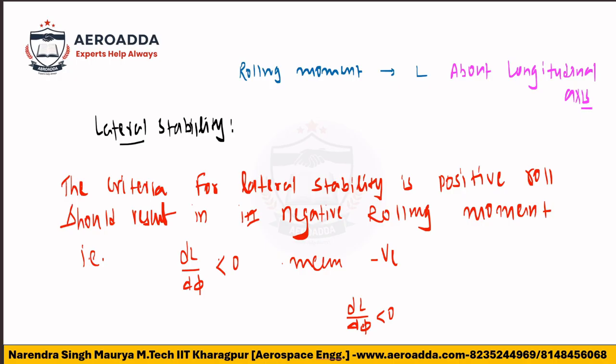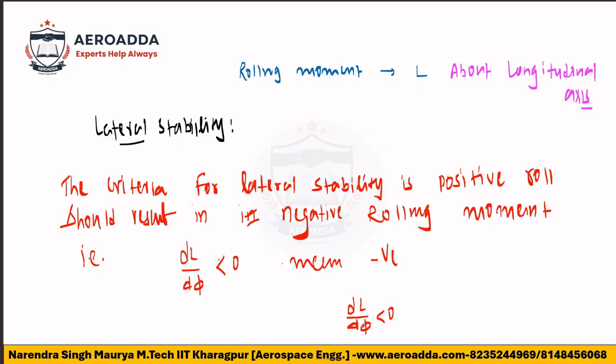I had explained that nose up condition. If angle of attack is increasing, nose up condition, that means the positive nose up is positive. But what was the criteria for the pitching moment in longitudinal stability? It should go nose down. For that, we had seen there was the restoring moment, and that was the anti-clockwise moment, and that was negative.